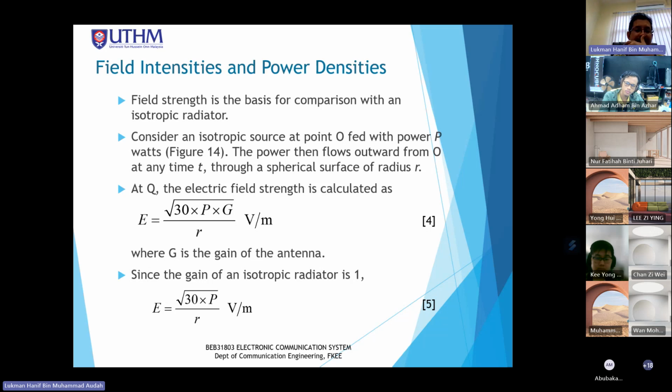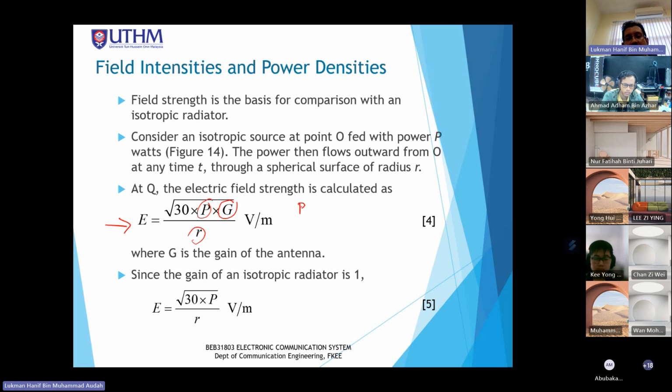Okay, so the electric field, E field, is measured as square root of 30 times P times G, divided with the distance from the antenna. So you might wonder which P is this and which G is this. There are two combinations for power and gain.